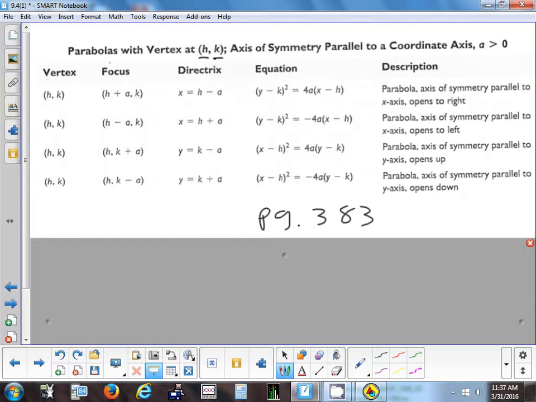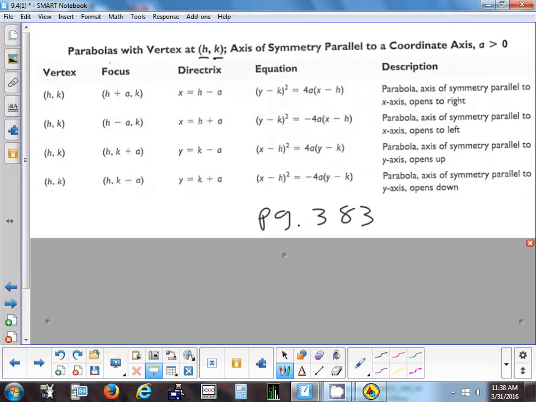Right, so h is the horizontal coordinate of your vertex, k is the vertical. Notice you still have a letter squared, and the other letter on the other side is not. You have positive 4s and negative 4s. The only difference is now sometimes you could have plus or minus inside the parentheses with the x or y. It could be x minus h or x plus h.